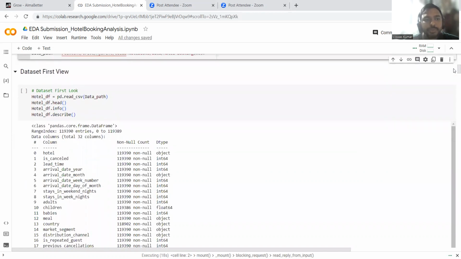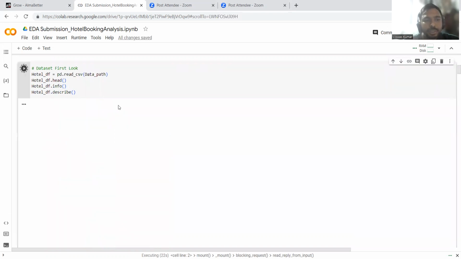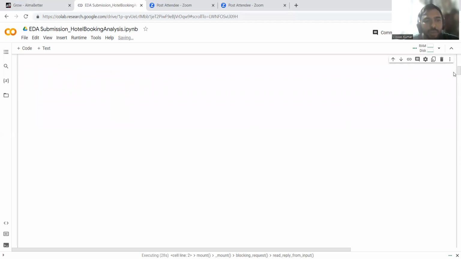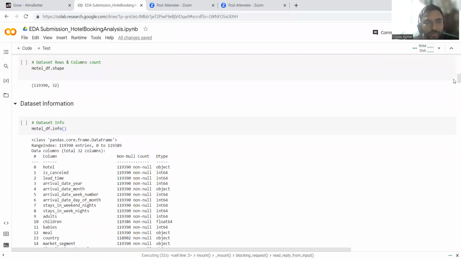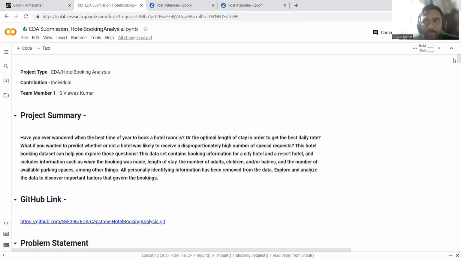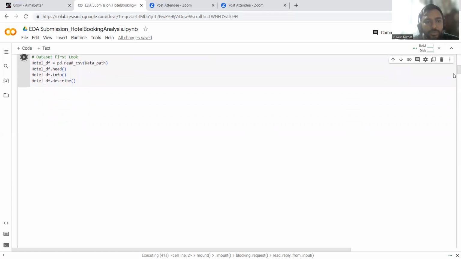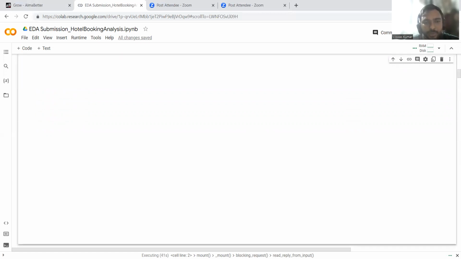So we have to understand the data variables. We are running head, info and describe on the hotel data frame which we have created. It's taking time, so let's start it.